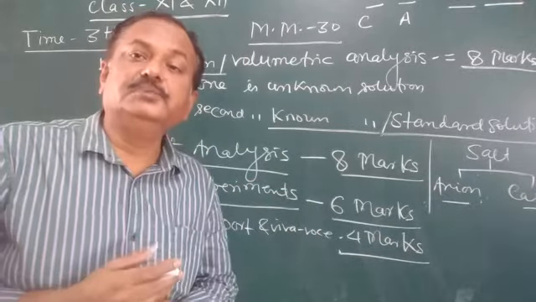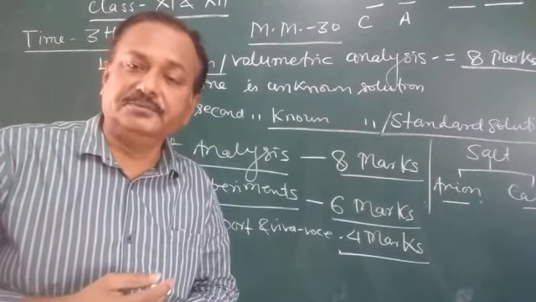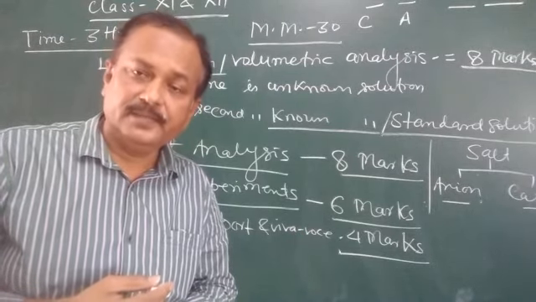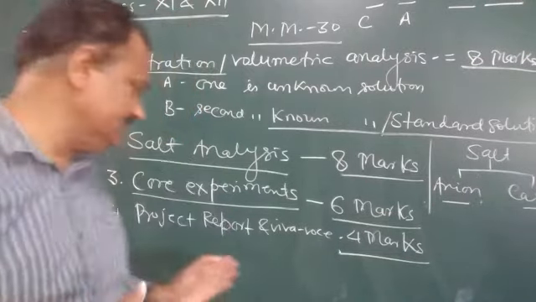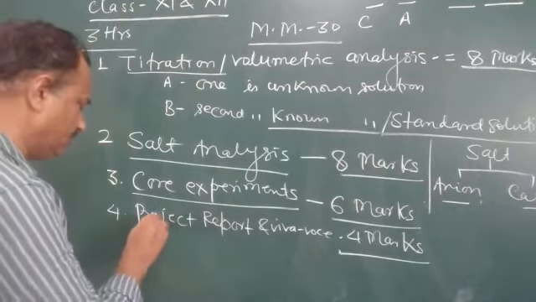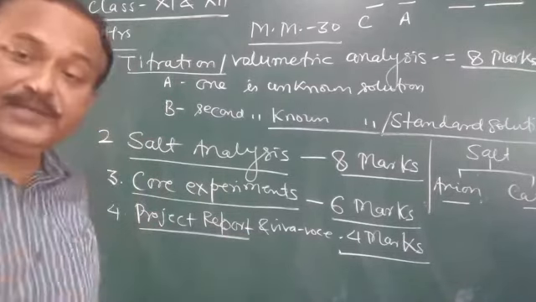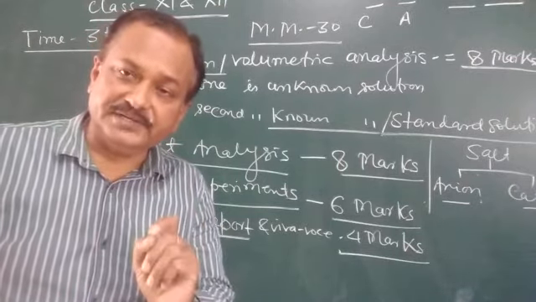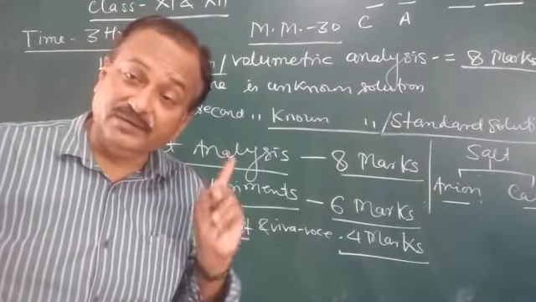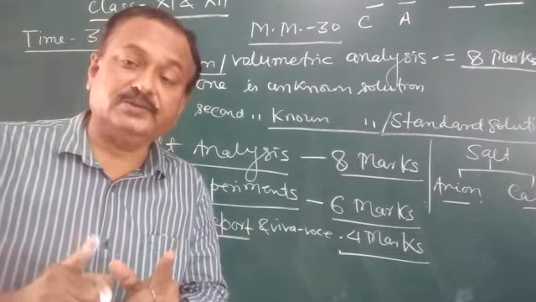I will give you projects, or projects are available on the website of CBSE. So you can see from there. There are investigatory projects. You have to prepare a simple file on the particular topic which I will allot you, and prepare accordingly.